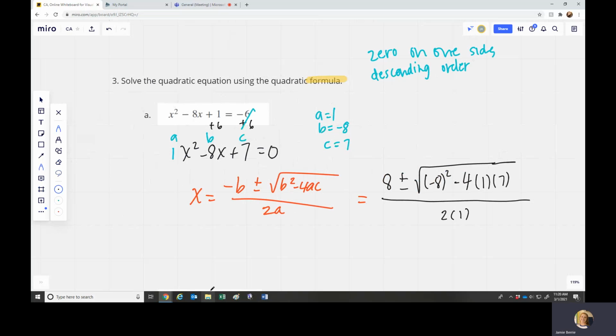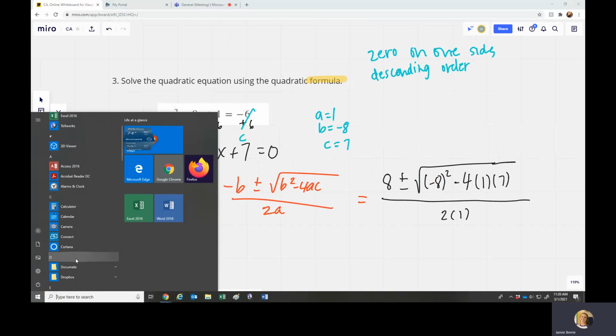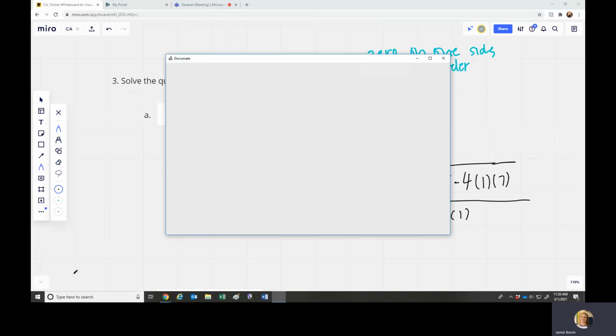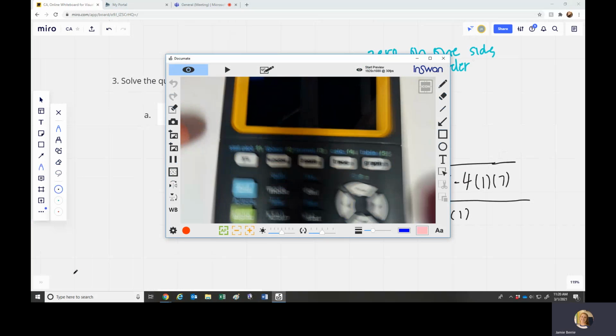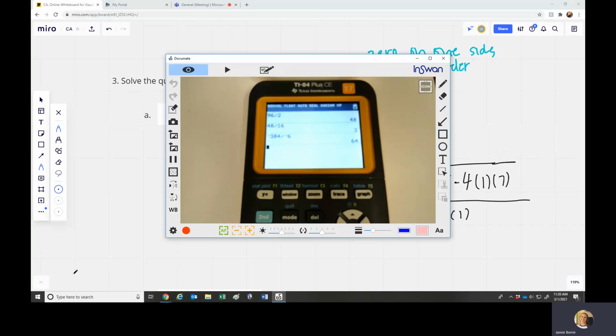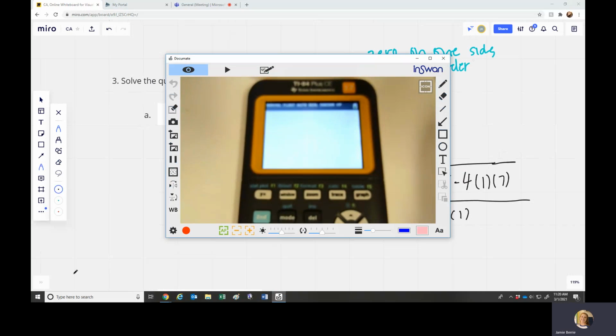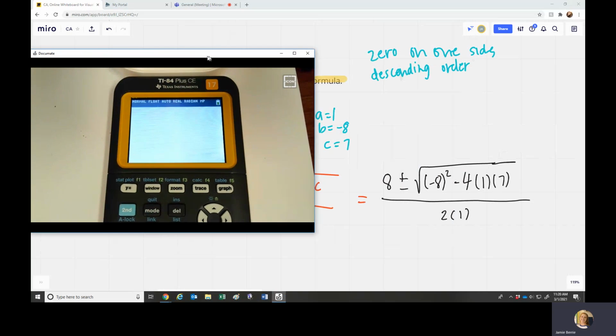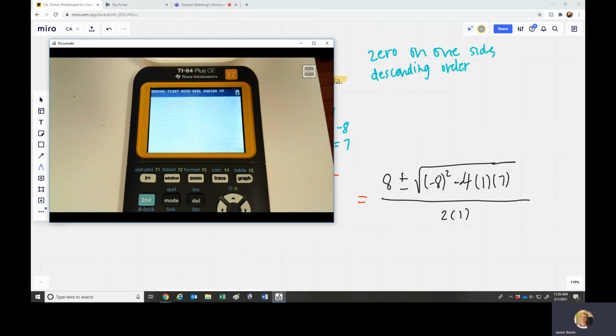All right, so let me show you how I like to do these. I'm going to pull up my document camera so you can look at my calculator. The first thing I like to do is plug in everything that's under the radical. Remember, that's called the radicand, with an ND.